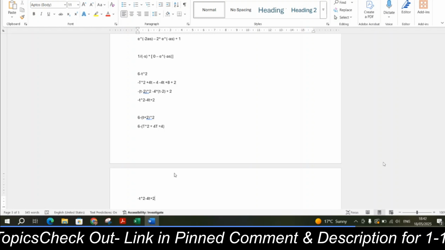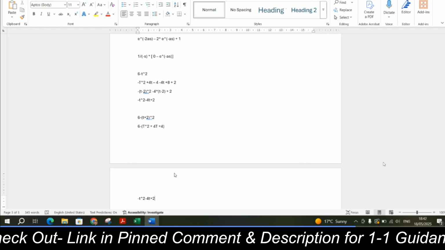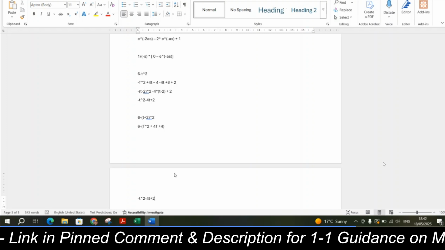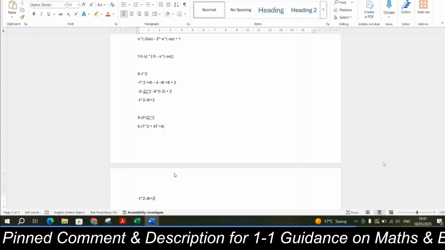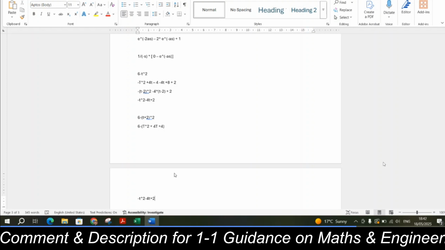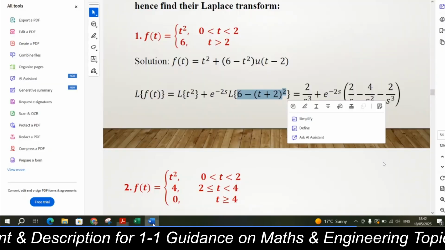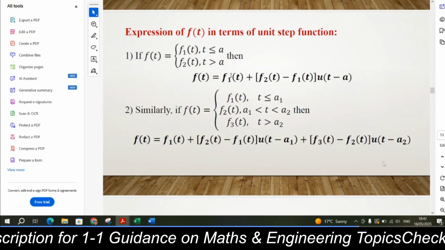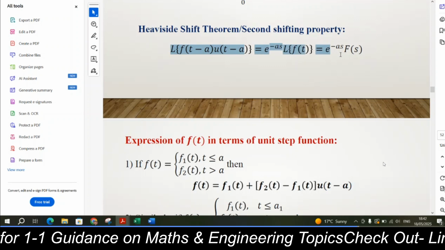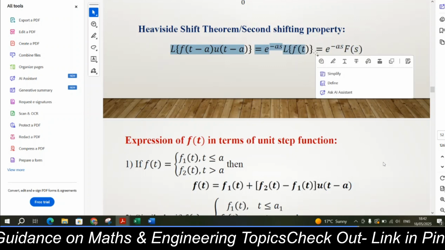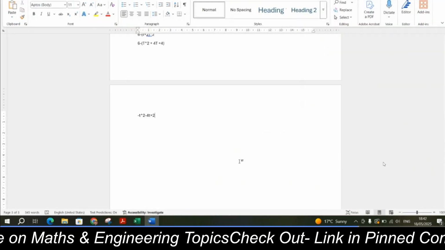I'm just opening the brackets, writing t square first, so minus t square. Then the plus 4t becomes minus 4t. And then I have 6 minus 4, which is plus 2. Both are the same. Do you understand what happened? Yes, sir.